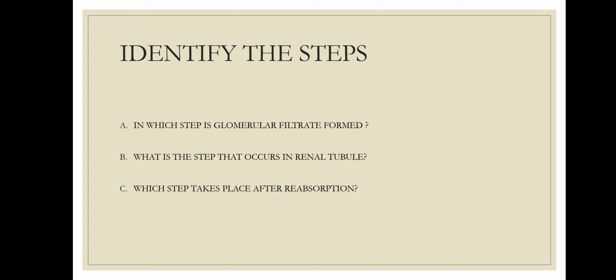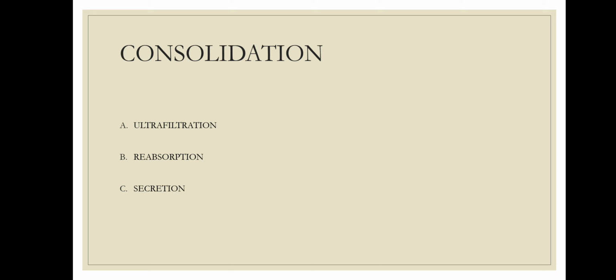It's ultrafiltration. Let's look at the next statement. What is the step that occurs in renal tubule? It's reabsorption. And the last statement, which step takes place after reabsorption? It's secretion. The answers can be seen on the screen. I hope everyone has answered them right.